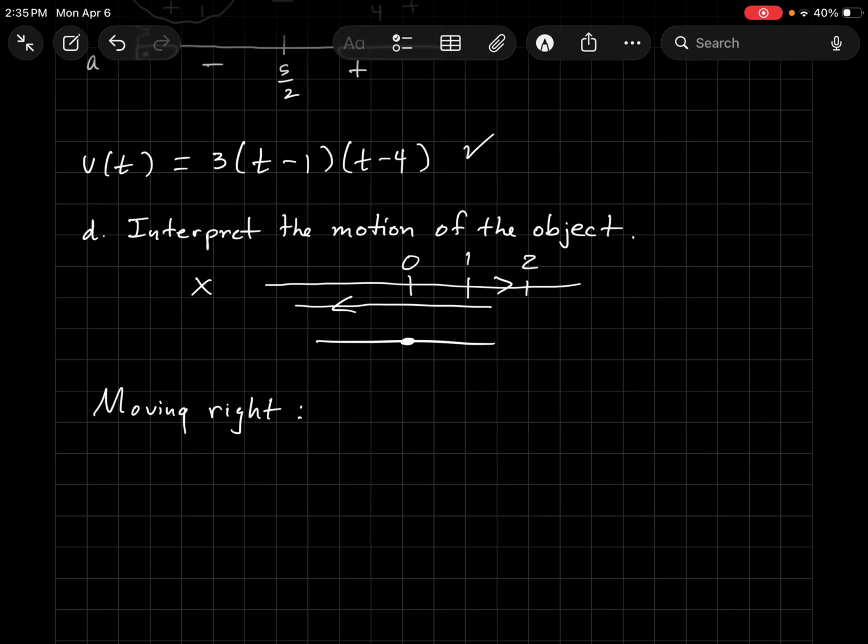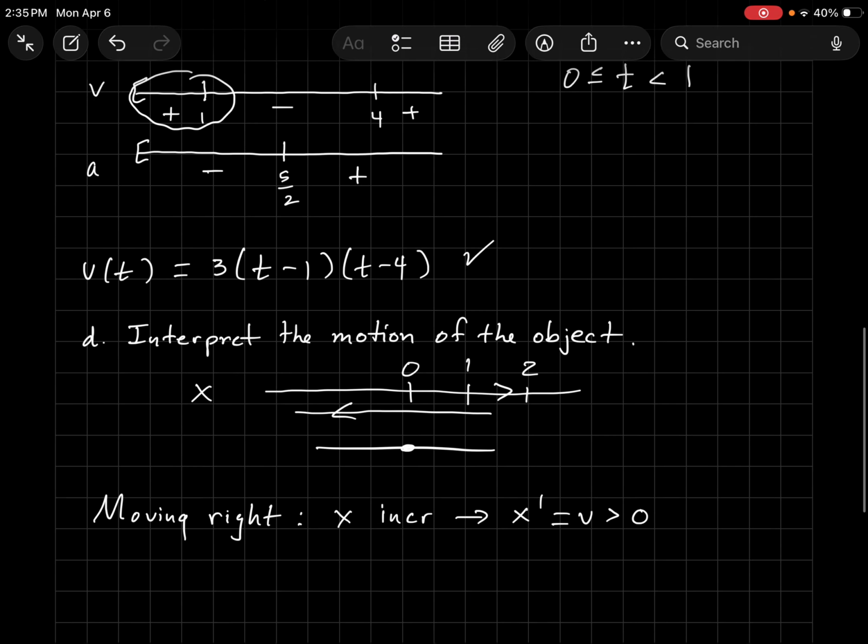I notice that if we're moving right, x is increasing. So if x is increasing, I know its derivative, which is velocity, must be positive. And so if I look at my sign chart up here, I could say that we're moving right on the interval 0 to 1, along with 4 to infinity.